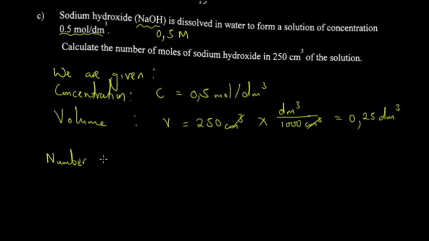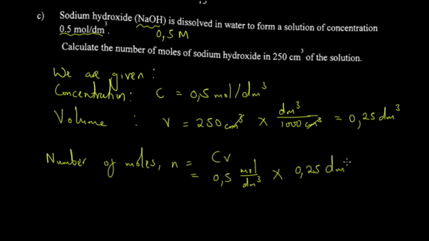Number of moles, n, equal to concentration times volume. So 0.5 here would be mole per dm cubed multiplied by 0.25 dm cubed.